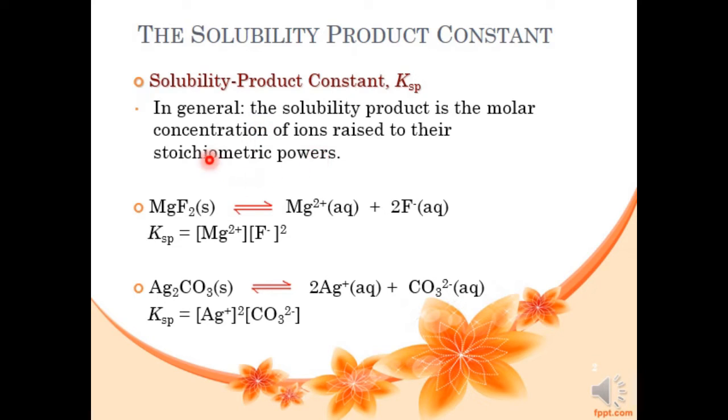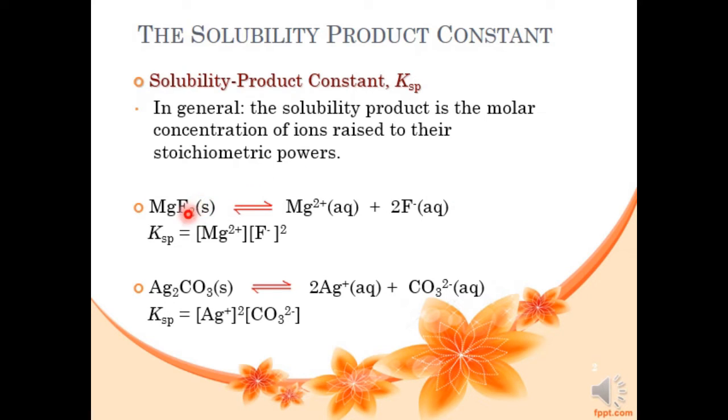For example, if we have the salt magnesium fluoride, MgF2, when we write the dissociation of this solid, we get Mg2+ and 2F-, because it has to be stoichiometrically balanced on the product side as well as the reactant side.